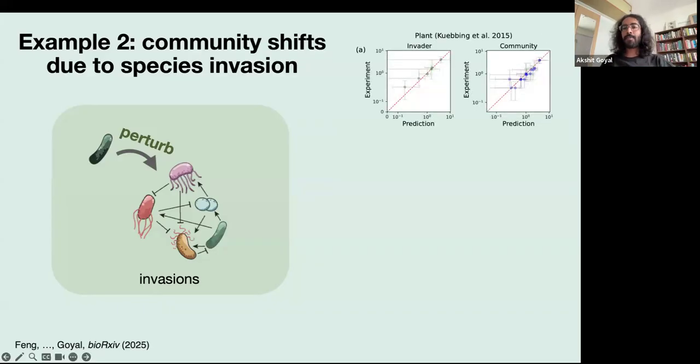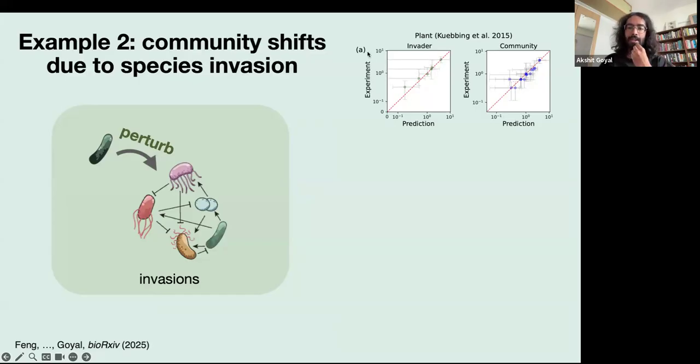And so here, we again use data from different kinds of communities. First, I'll show you stuff from plant communities, so not microbes, even though that's what the cartoon is showing here. So here is an example from this paper where they had different plant communities invaded by different species.